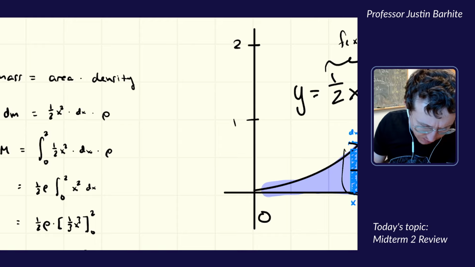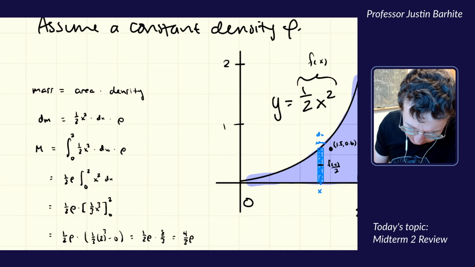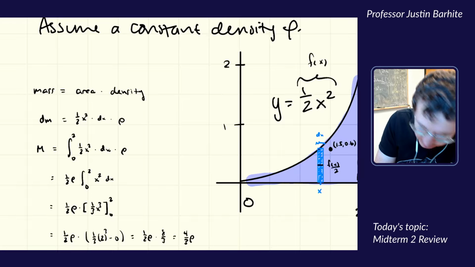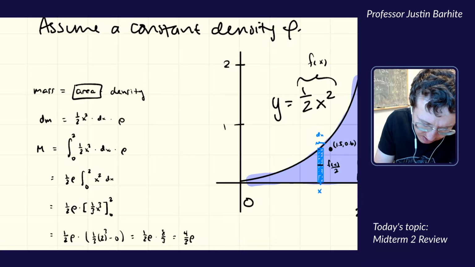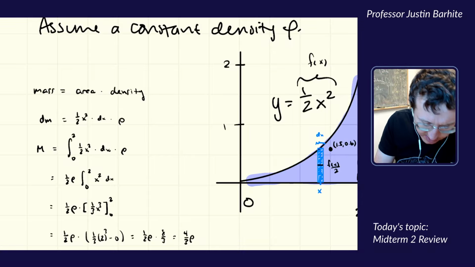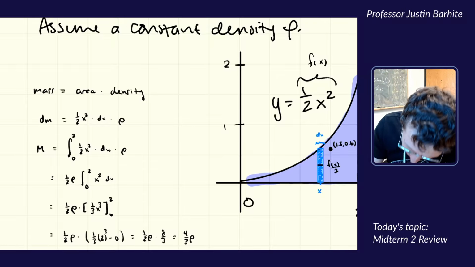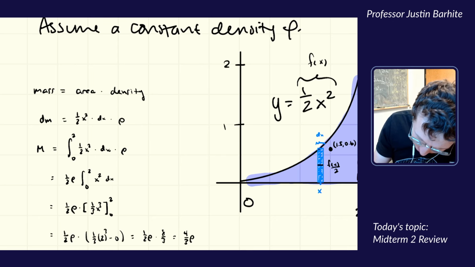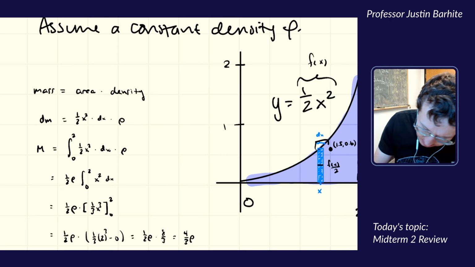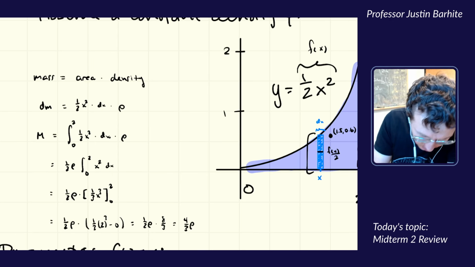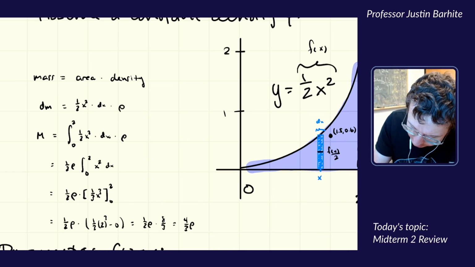And the way that you find the mass of that small piece there is you take its area and multiply by the density. We were just told that the density is some constant rho, and then the area of that rectangle is its width, which is dx, times its height, which is f of x.